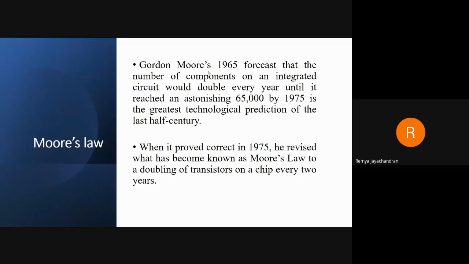That is, the scaling of the transistor results in an increase in the transistor density, that is, the number of transistors per unit area. So from that, Moore made an observation that became Moore's law, that is, doubling of the transistors on a chip every 2 years.